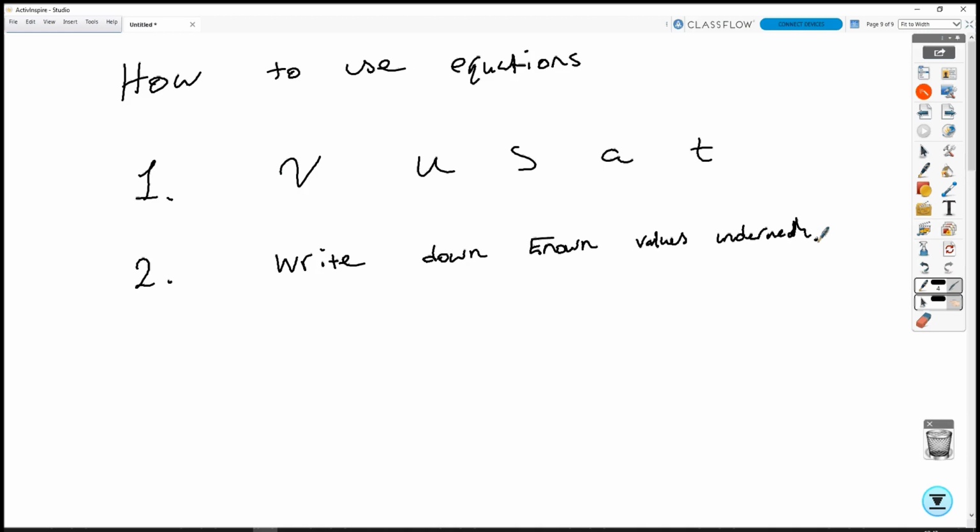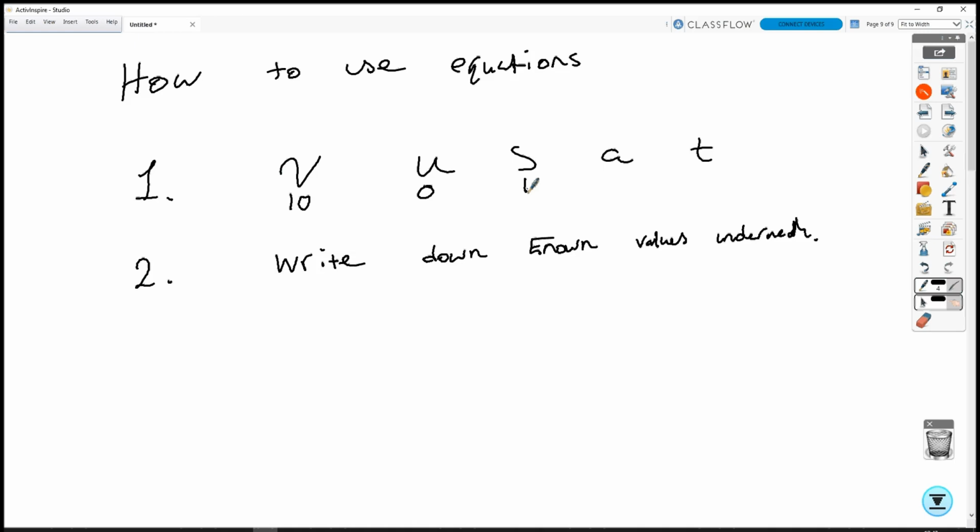So for example, say if our question said an object starts at rest. Starts at rest means initial velocity is 0. So the question's told us that in words. And it ends up with a final velocity of 10 meters per second after moving 1 meter. So we know that v is 10 and s is 1. And the question then asks you to calculate the acceleration.